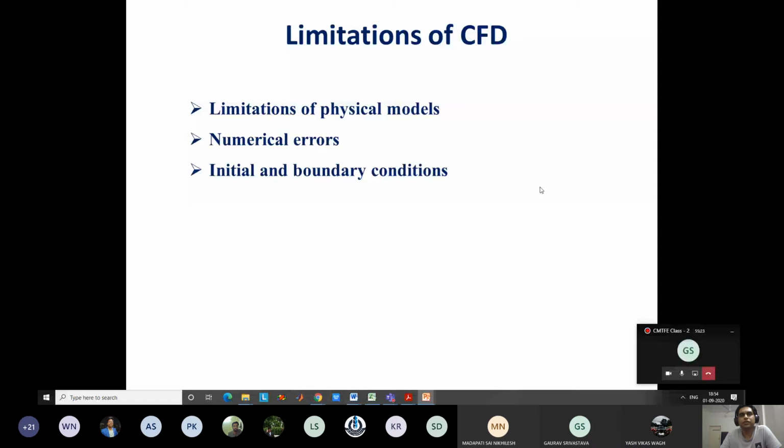One limitation is the limitation of the physical model itself. Maybe the physics is too complex. Say I want to solve how lightning is generated during storms. You have a large scale storm and large scale formation of cumulonimbus clouds, and in between lightning is generated. The physics is too complex. I cannot solve it using CFD. You cannot predict it.